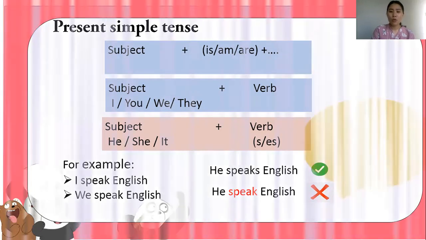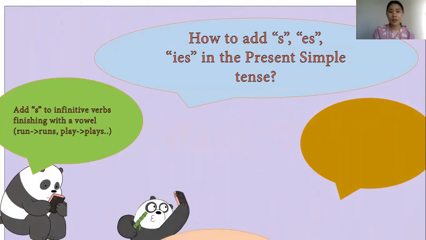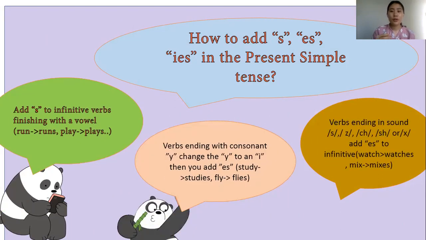So how can you make the s or es in the present simple tense, and how can you pronounce them correctly? We have three things here. First, you add s to the infinitive verb, for example, when it ends with a vowel, such as play becomes plays.